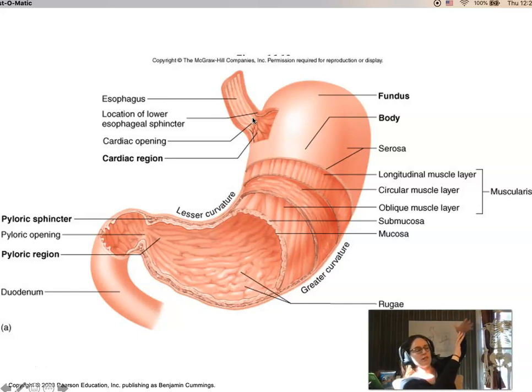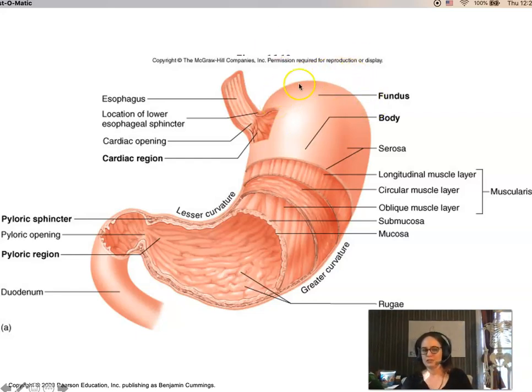The location of the heart is just superior to this structure here. So the heart's going to be beating very, very physically close to this. You're going to see that pulsing movement right here if you happen to be doing some surgery in the abdominal cavity. That's what that's going to look like.